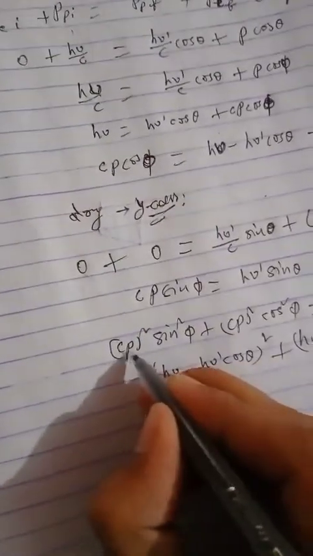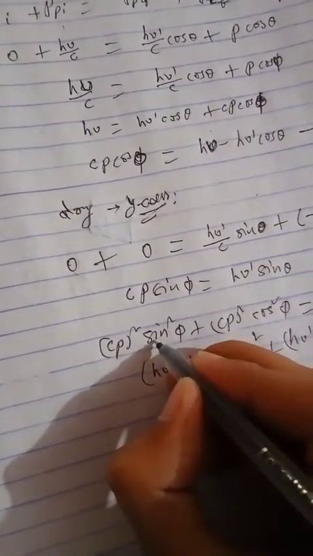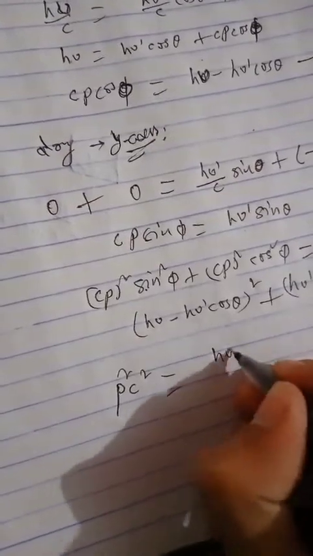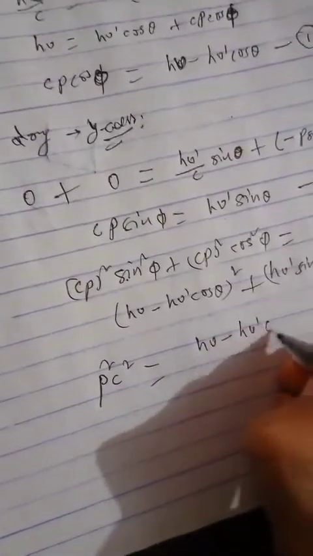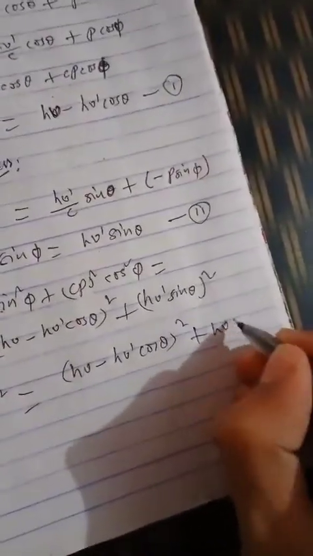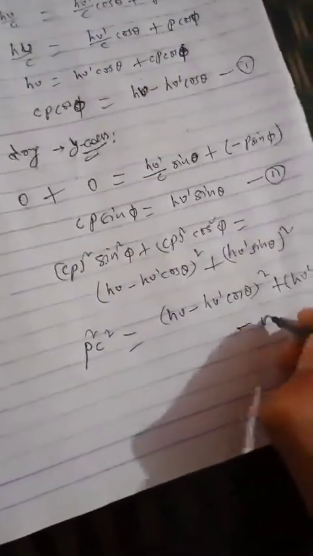Cp square can be taken as common, so in the bracket we have sin square phi plus cos square phi, which is 1. So on the LHS we have p square c square equals h nu minus h nu prime cos theta whole square plus h nu prime sin theta whole square. We can simplify it later as well. Let this be equation 3.